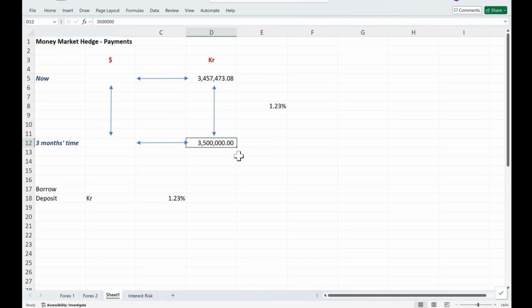After 3 months, this will become 3.5 million. But the question is how we will arrange this today. So the idea is you will borrow in your home currency now and convert into kroner today. In money market hedge, we always do conversion today.